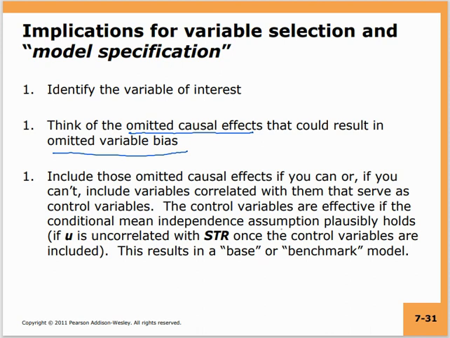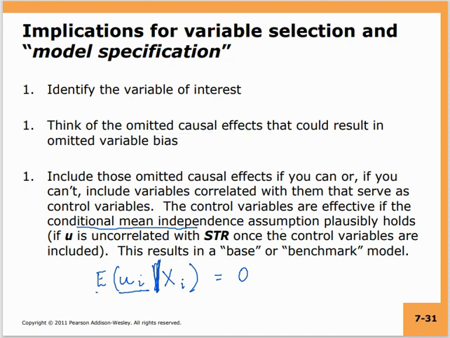We have not actually talked about this conditional mean independence, but basically what it means is that the expected value of ui given all the xi's included in the model is equal to 0. So this is conditional: ui given xi. Expected value of ui is the mean, and it is conditional on the included variables.